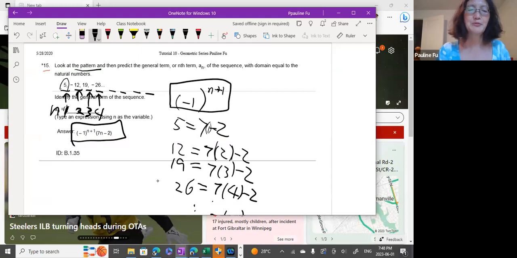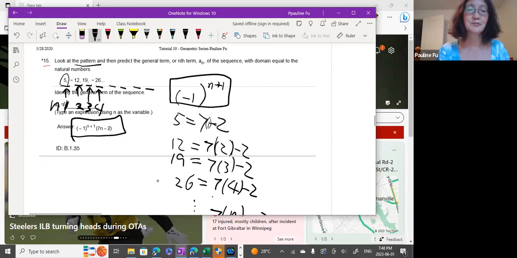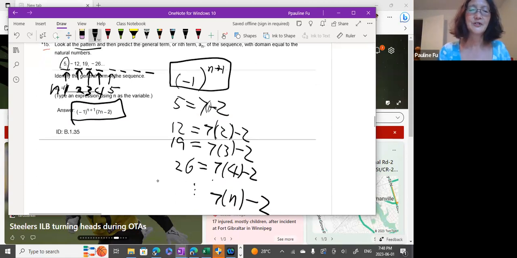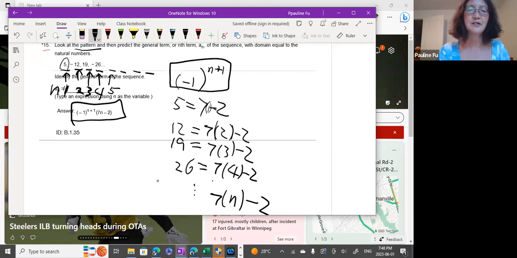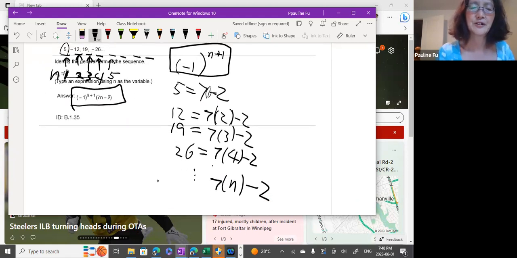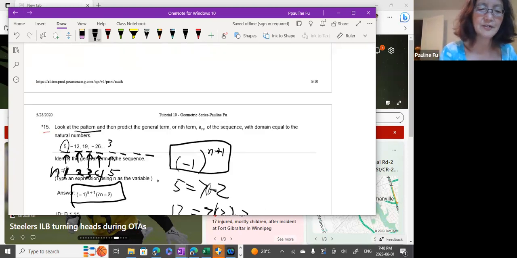The next number must be a positive number, and it is in position 5. So you use 7 times 5 minus 2. You got 33.